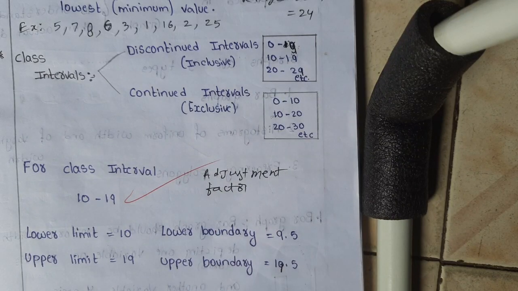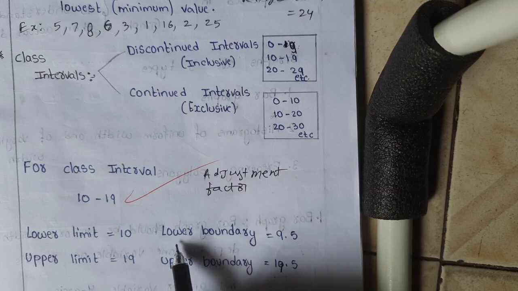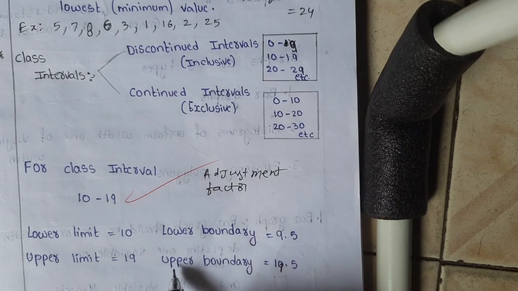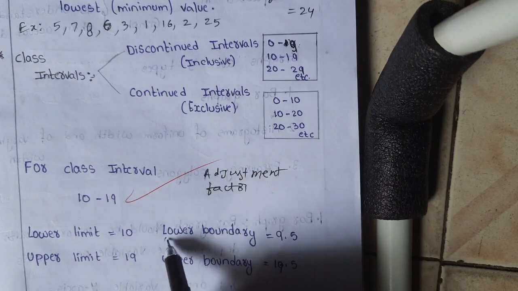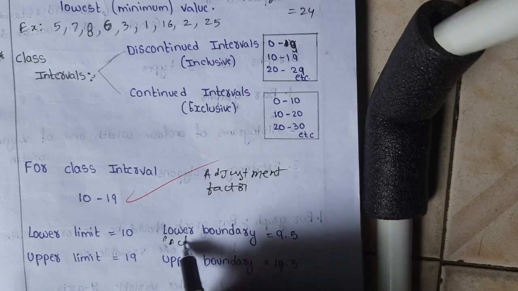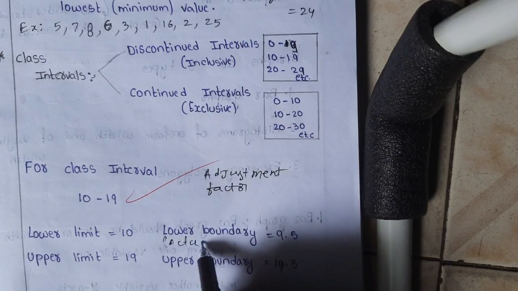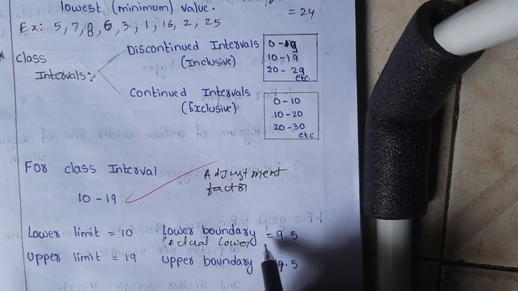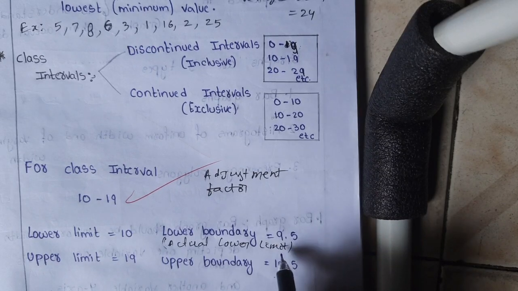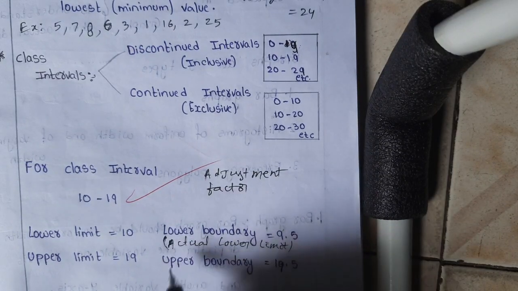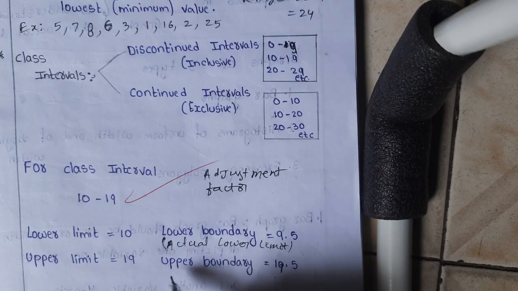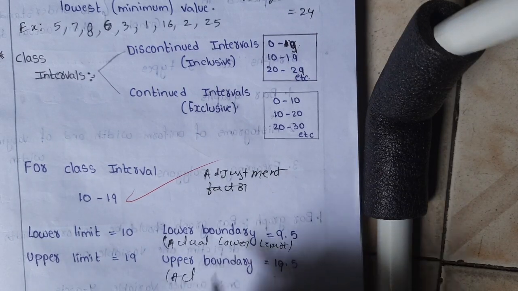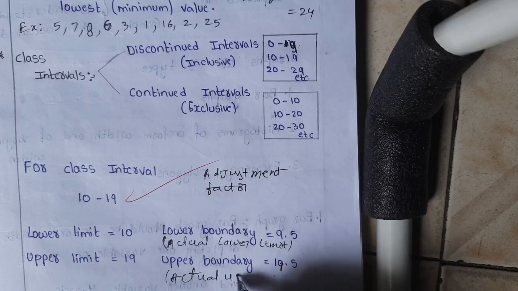So another name is also present. This one is the lower boundary, this is the upper boundary. Another name for this is actual lower limit. You can also call it actual lower limit. Sometimes they ask what the actual lower limit is, and it means that one only. Lower boundary's other name is actual lower limit, and this one is actual upper limit.